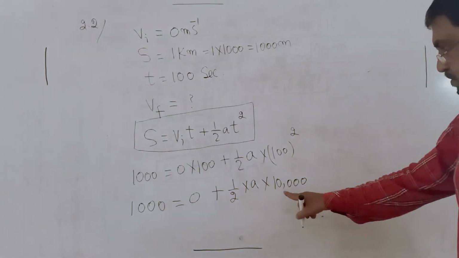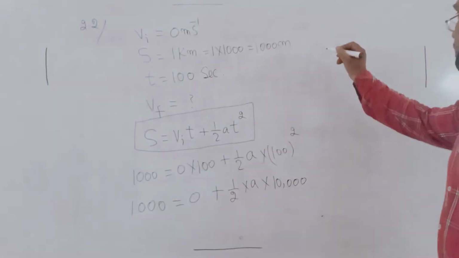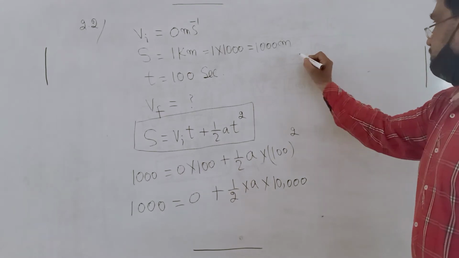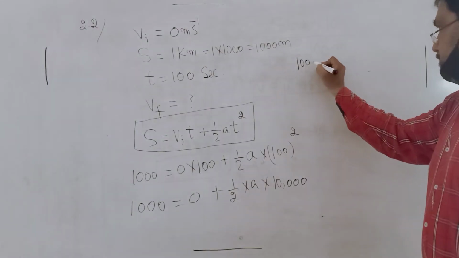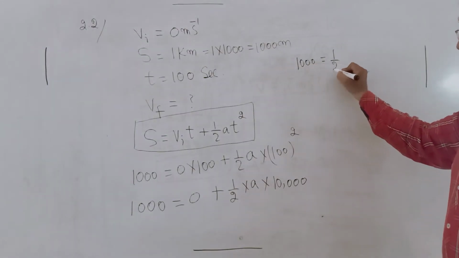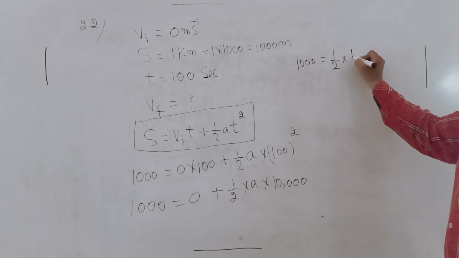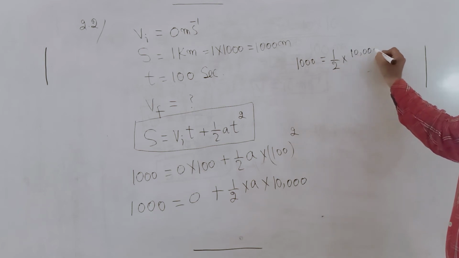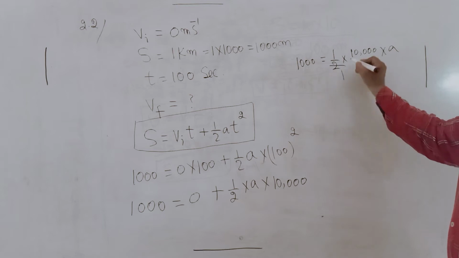When 10,000 divided by 2, answer should be 5,000.